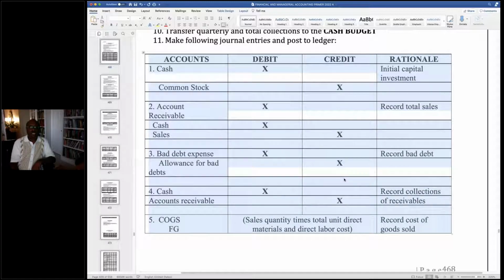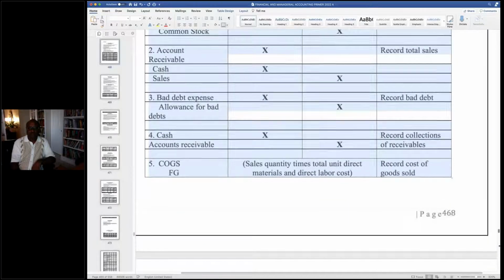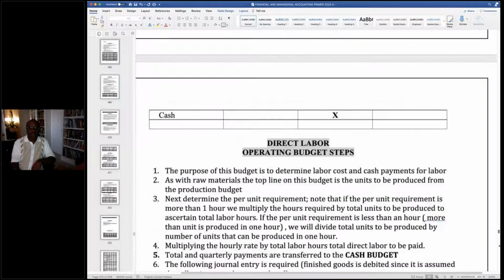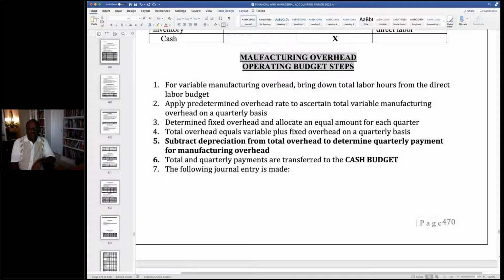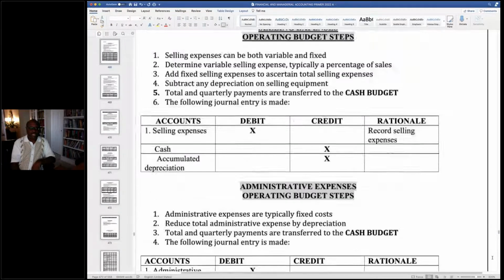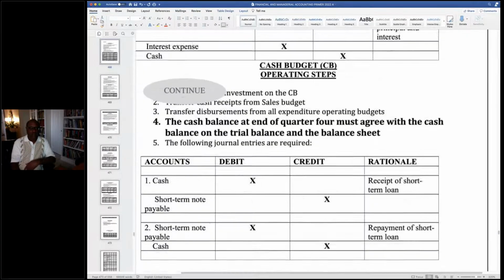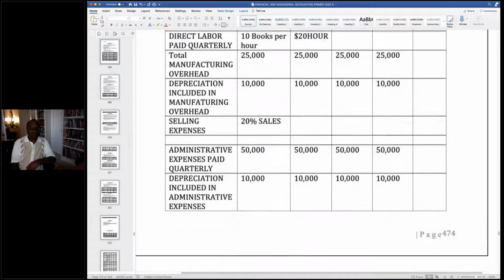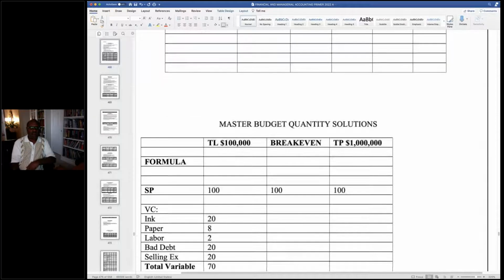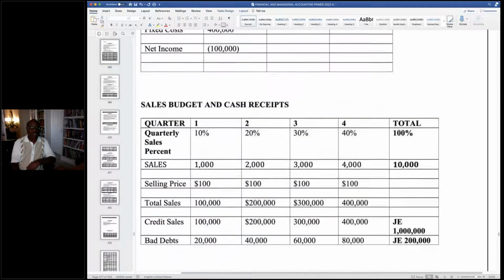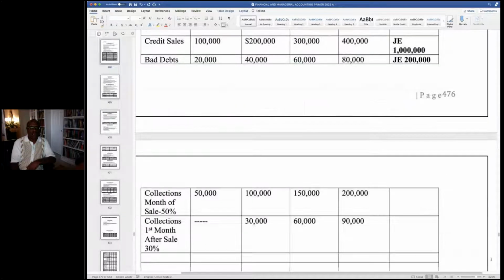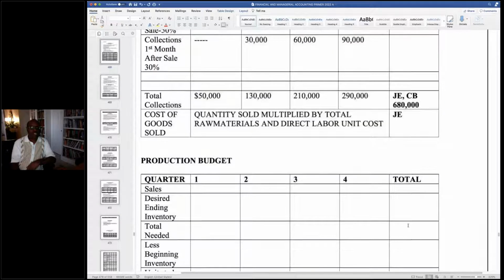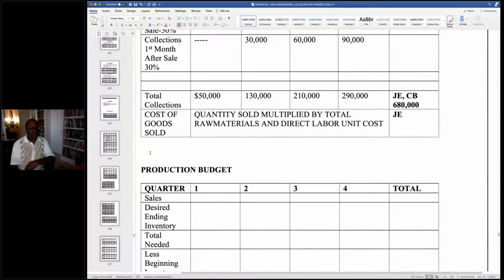Try to copy it. And I'm going to see if I can put it right under the sales budget, so that we can make these journal entries.